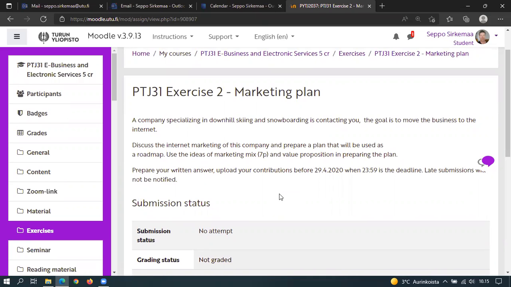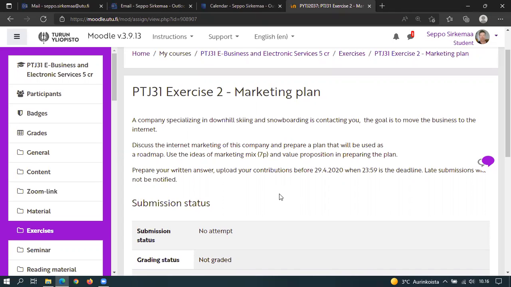So you might suppose that they have not been active on the internet, and now is the time to look at the game plan, how to go forwards in order to make the business more visible on the internet, and possibly provide some kind of sales or reservation type of content through the internet to the customers. So your idea is to discuss the internet marketing of this particular company and prepare a plan that will be used as a roadmap, so that is a basis for the next step for the company owner.